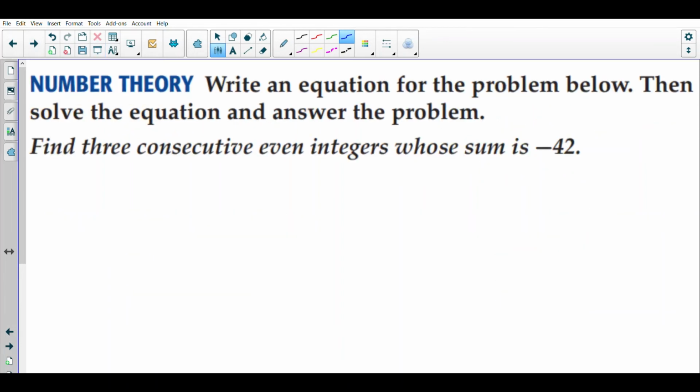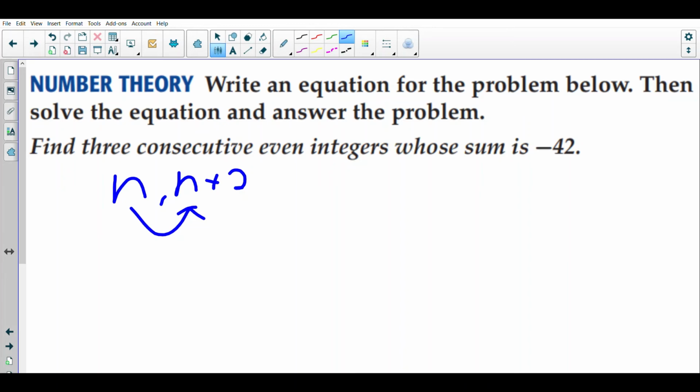So find 3 consecutive even integers whose sum is -42. So think of that. We don't know any of the 3 integers, but it's saying consecutive even integers. So if I have my first integer, n, my next one is going to be whatever that integer is plus 2.